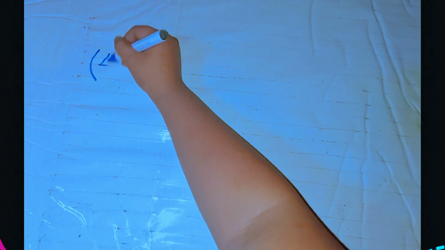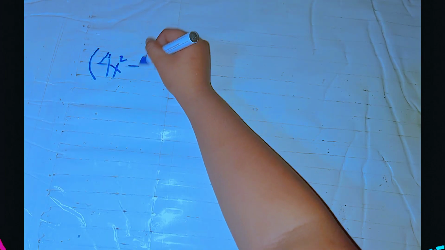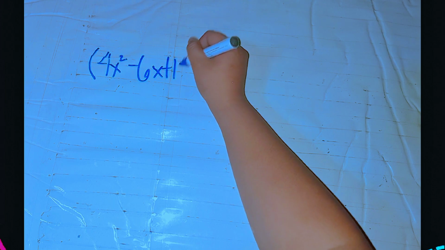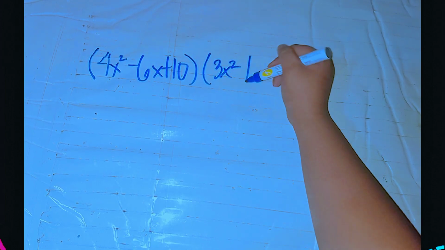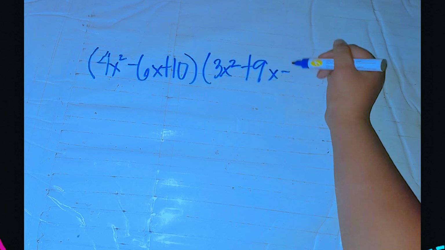Let's multiply a trinomial into a trinomial. We'll have 4x squared minus 6x plus 10 multiplied to 3x squared plus 9x minus 7.